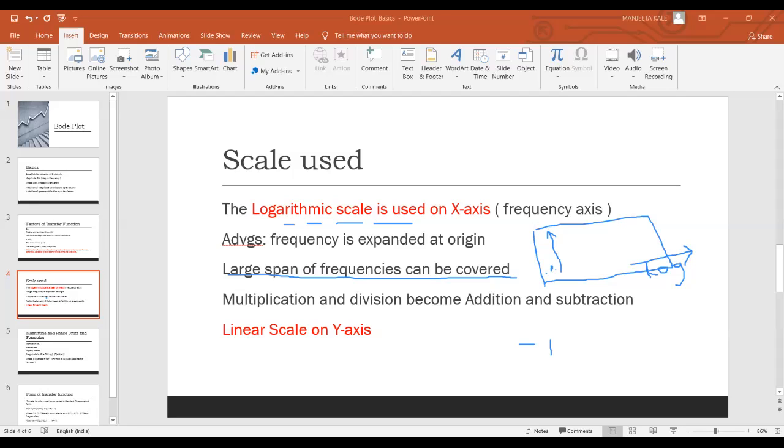Instead of logarithmic scale, if you are using linear scale, then suppose 0.1, 0.2, 0.3, 0.4, up to 1 you will be considering. But in semi-log paper where we have logarithmic scale on the x-axis, we can cover large span of frequencies starting from say 0.1 up to 1000, 10,000, whatever you like. Okay, so that is an advantage.